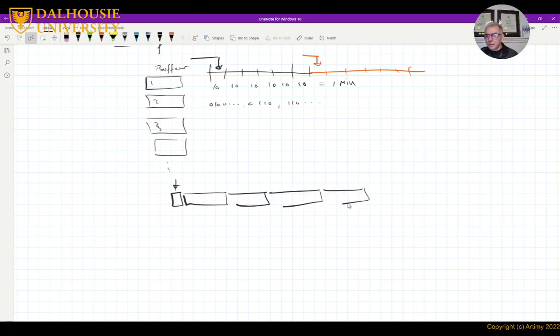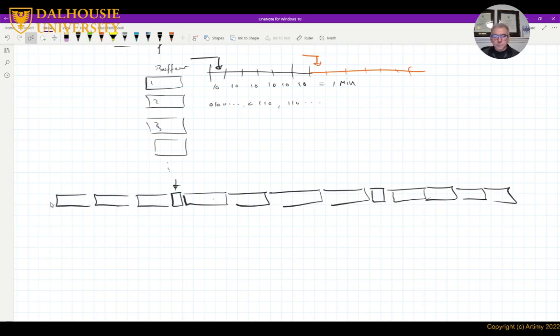So a number of time slots, each one of them will have a certain number of bits. And then in the next cycle, in the next frame, we have a sync bit and then time slots. And this continues. So these are sync or control bits that are used for synchronization.